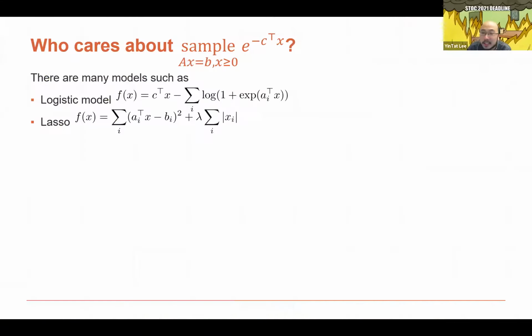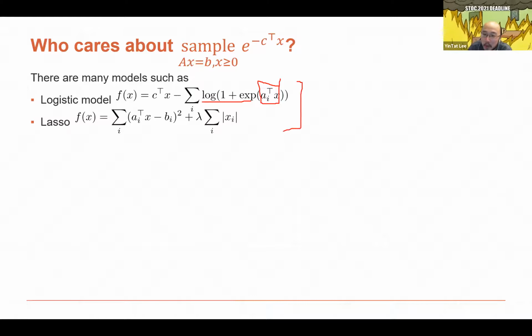Now let me give you more ML applications. As you probably have seen, the logistic model and Lasso are popular models in ML. One thing to notice is that for both models, this is a scalar function.